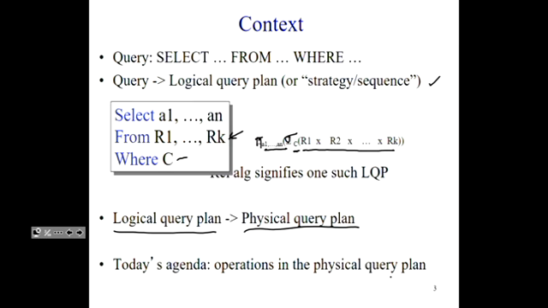Today we are going to be talking about the operations that are part of this physical query plan: what are the costs and trade-offs, the benefits of each operator implementation, and the costs and memory requirements for each of them.